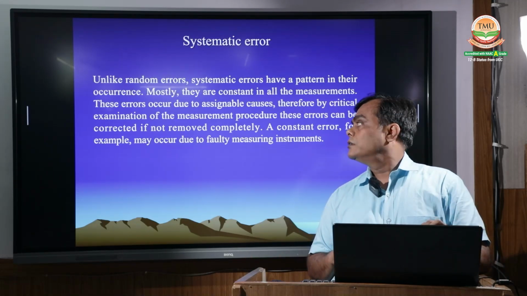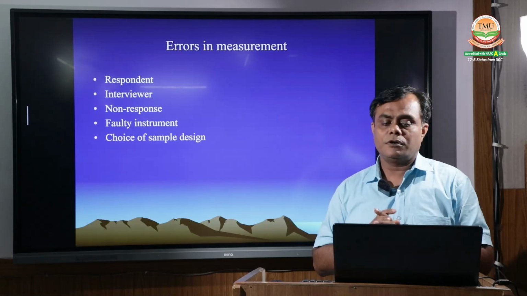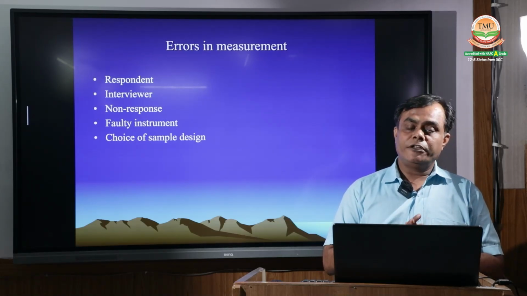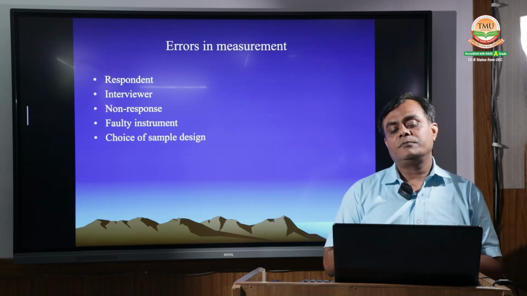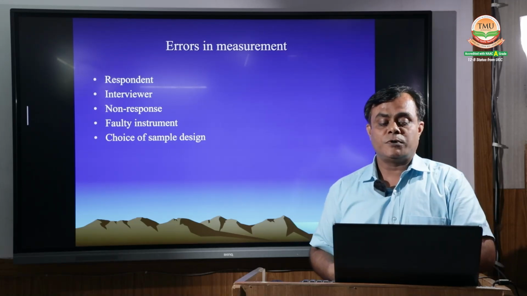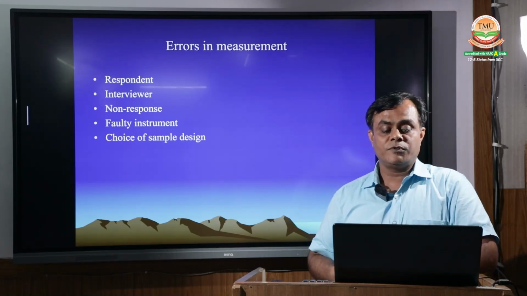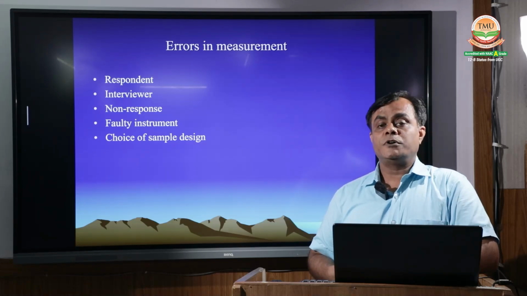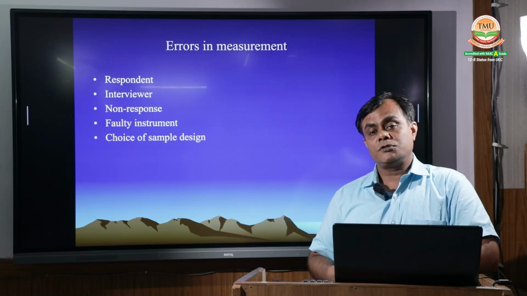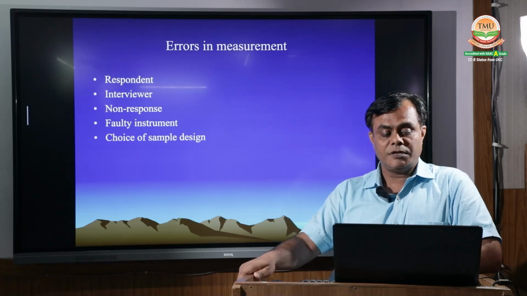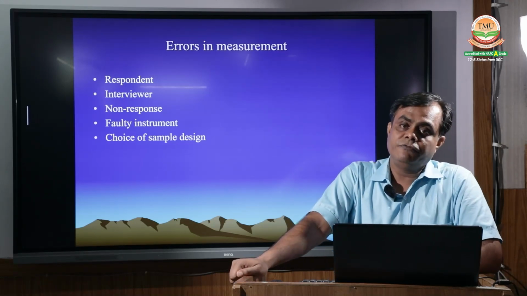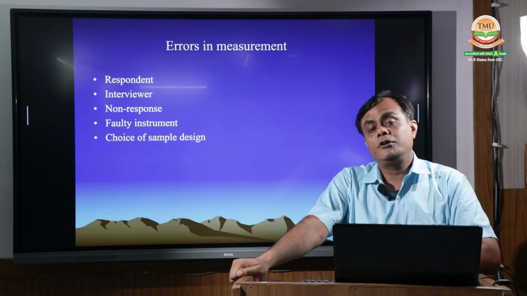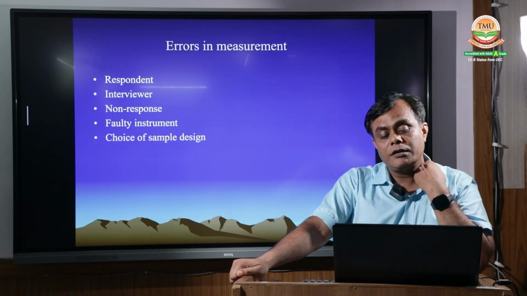Next are the sources of errors in measurement. First, error on the respondent side. Second, error from the interviewer side. Third, non-response, where the respondent does not respond to a particular question. And the faulty instrument: sometimes we use a faulty instrument, and due to its use, that type of error occurs.